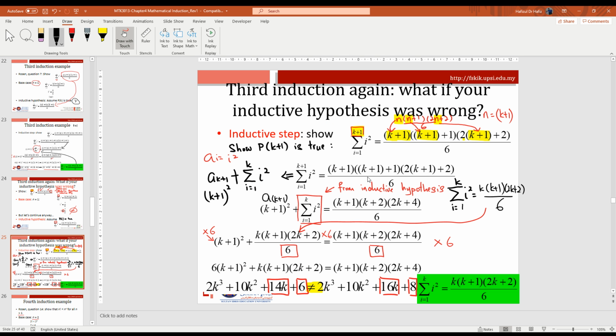So n is k plus 1. Okay, to show that P(k) is true, we replace this one with this. And finally, we got 14k plus 6. This one, 16k plus 8, is false, is wrong.